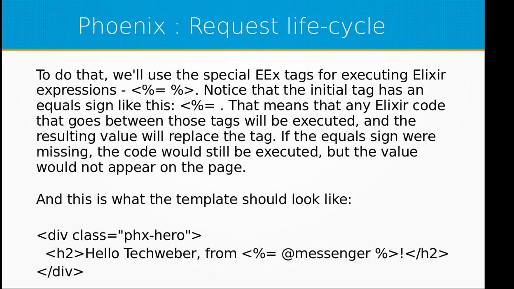To do that, we will use the special EEx tags for executing Elixir expressions. Notice that the initial tag has an equal sign like this. That means that any Elixir code that goes between those tags will be executed, and the resulting value will replace the tag. If the equal sign were missing, the code would still be executed, but the value would not appear on the page. And this is what the template should look like.